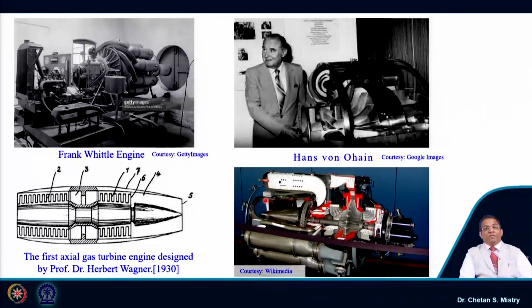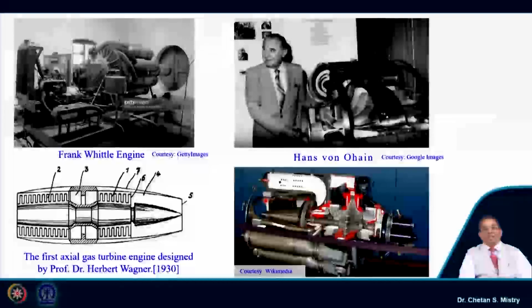Here in this case, Ohain was in Germany, and at the same time Frank-Whittle was in England. They were working independently, and they are the originators, the beginners for the development of these jet engines. They did not know each other or each other's progress and work.